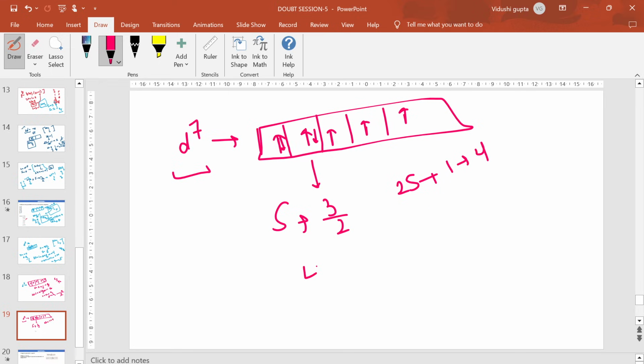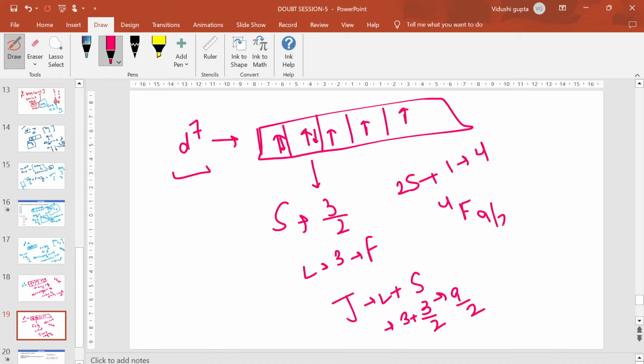And what will be L? L will be 3, and 3 means F. So it is 4F. Now it is more than half filled, so J value will be L plus S, that means 3 plus 3 by 2, so it will be 9 by 2. So 4F 9 by 2.